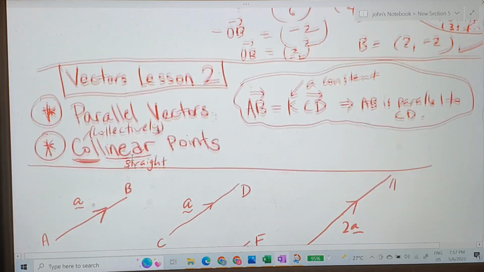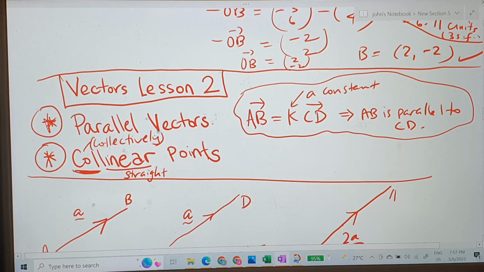Alright, so let me clarify the difference between these two. Parallel vectors: as long as you can write this vector equals k times this vector, they are parallel already. Whatever is here, AB, is parallel to whatever is here. For collinear, you need two things. Let's say the points A, B, C. You must have AB equals k times, just now I used AC, it can also be BC, as long as you have a common point.